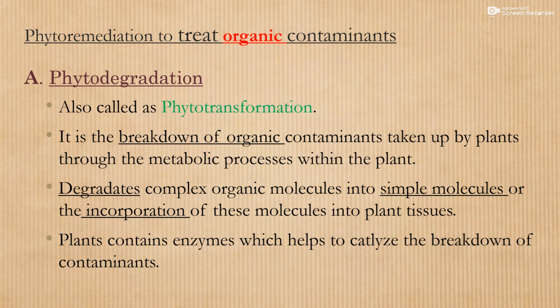Coming to treating the organic contaminants or pollutants, the first way is phytodegradation. It can also be called phytotransformation. In this process, the organic contaminants or pollutants are broken down into small or simple molecules, or they are incorporated into the tissues of the plant.